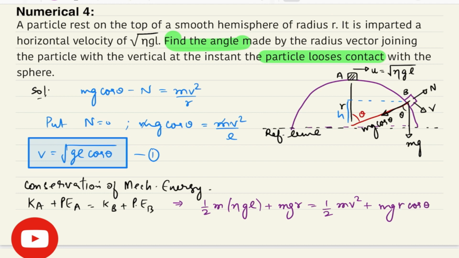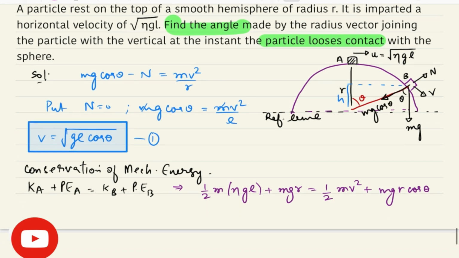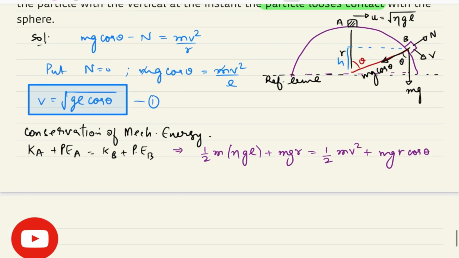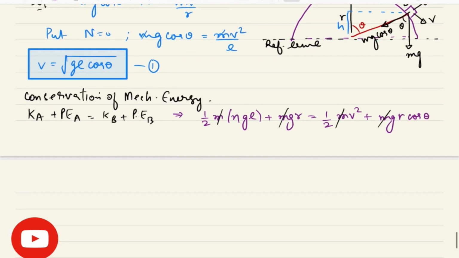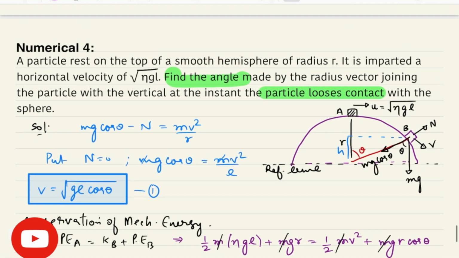All right, let's solve this further. The masses cancel each other, and then we can write eta g l by 2 plus g l.